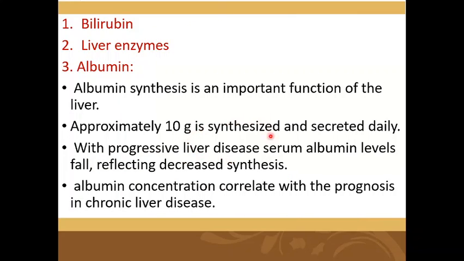Since the liver is diseased, the synthesis of albumin will be decreased, and albumin concentration correlates with the prognosis of chronic liver disease. But when the disease is cured or the liver regains its original function, the albumin synthesis increases.